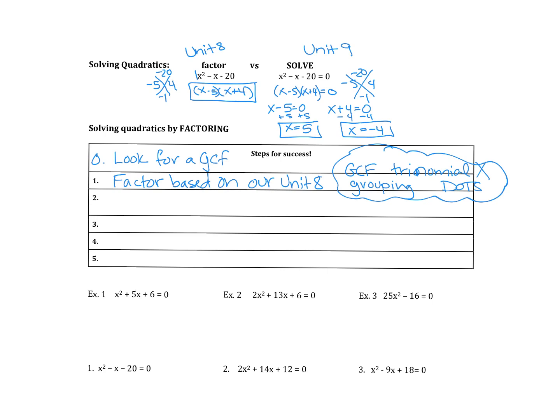And then once we do all of that, just like we did in Unit 8, now we're going to set each factor equal to 0. I can do that because of the 0 product property. That's saying that if their product is 0, then one of the factors has to be 0.